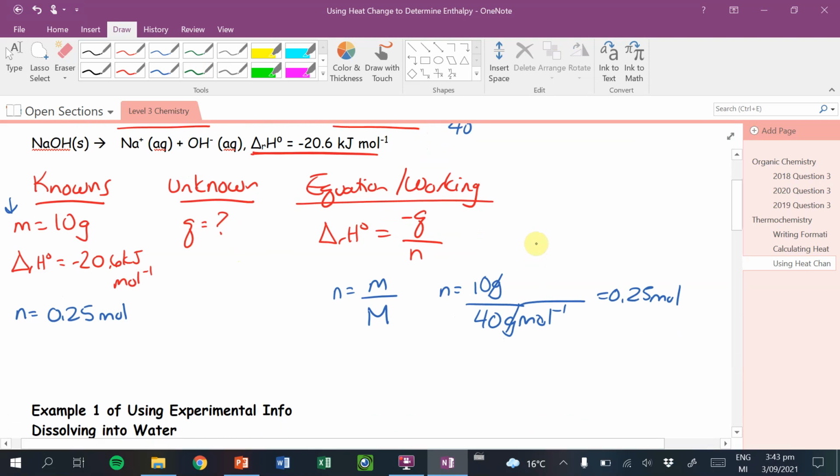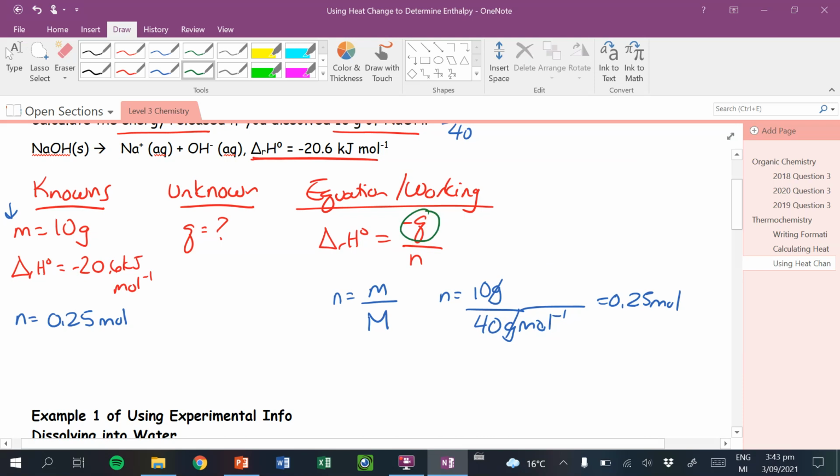So if I'm thinking about that equation, I want to get Q by itself. So I'm multiplying both sides by n. That'll get the n's to cancel, and then I basically have negative Q is equal to n times your delta H value. Basically what this means is whatever I get Q to be, I just need to take the opposite sign of it.